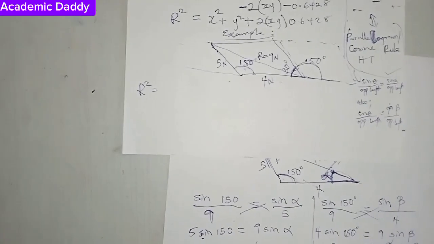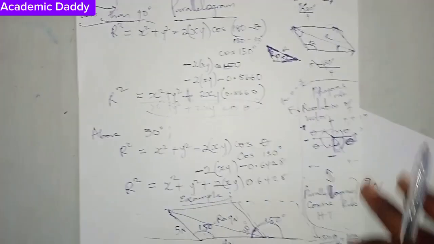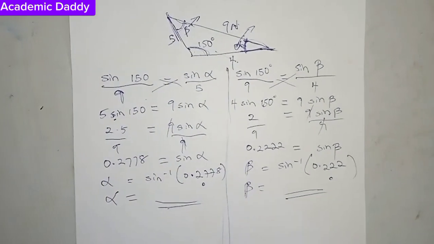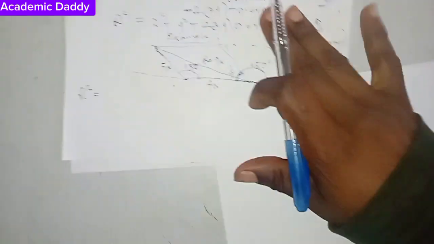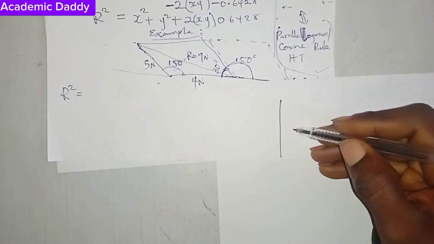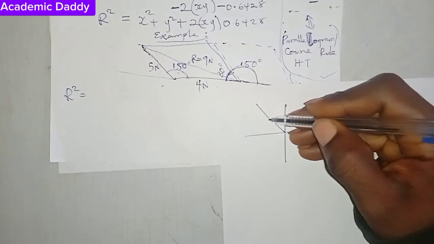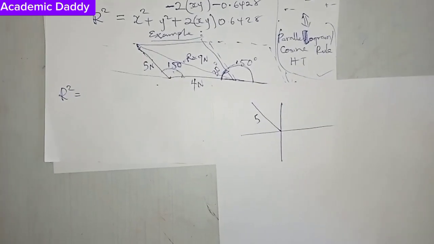Assuming we take this question now, with the 5 and 4 where the angle is given. For example, see what I mean. We are given a question, and we are told that we have 5 Newton this way.